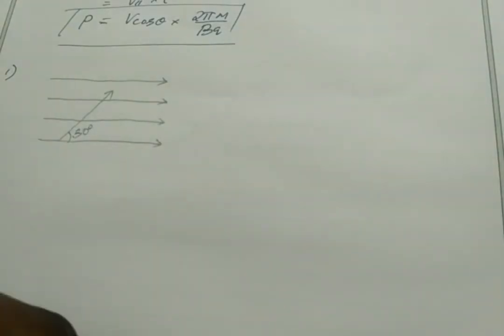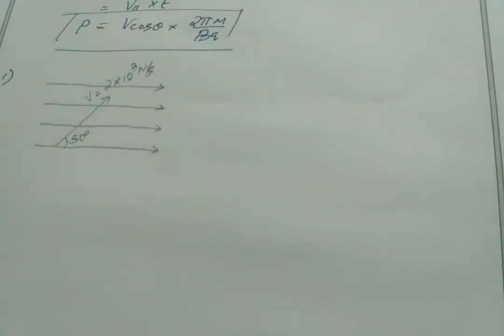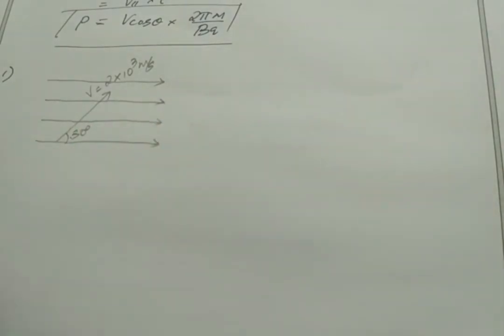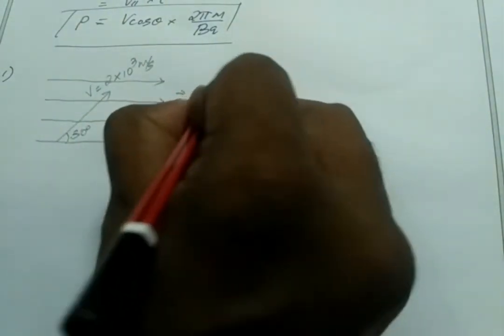It moves with a speed of v equal to 2 into 10 power 3 meter per second. Then, here we have a horizontal magnetic field, and the magnitude of the magnetic field is 1 Tesla.